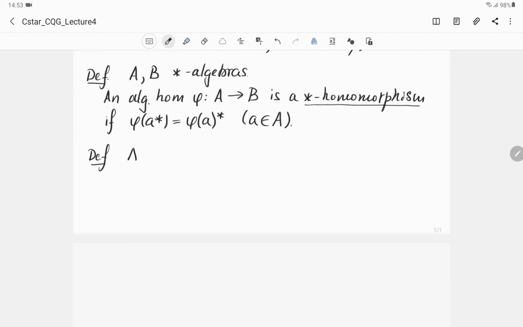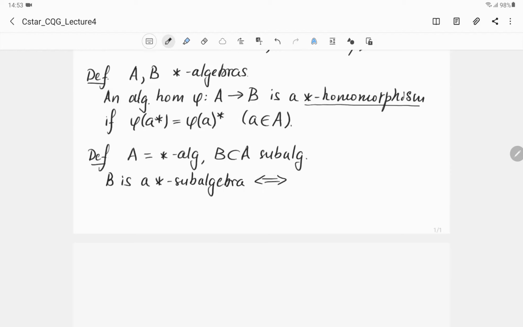Suppose that A is a star algebra and B is a sub-algebra of A. Then we say that B is a star sub-algebra if it is stable under involution: for each element b in B, the element b star is also in B.